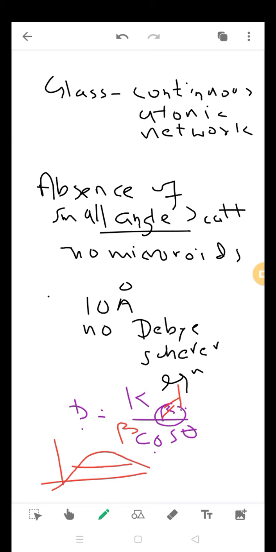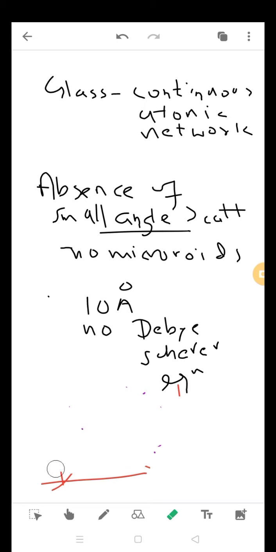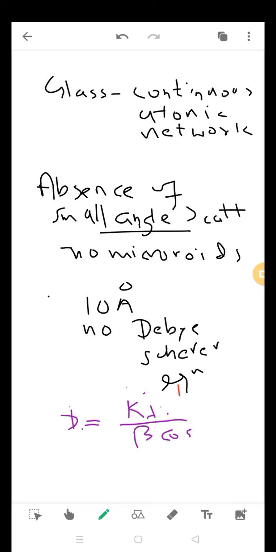I'm extremely sorry, this is the wrong equation. So it says that d is equal to k lambda by beta cos theta. This is the Debye-Scherrer equation.